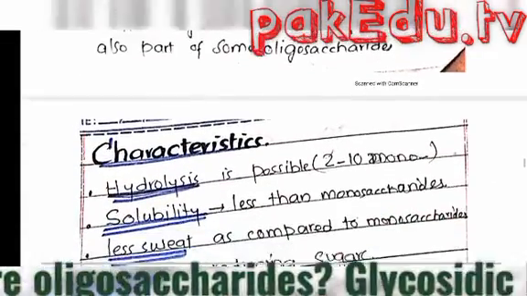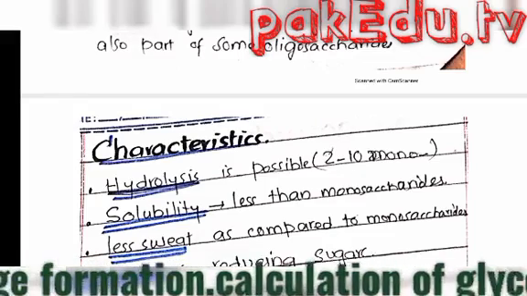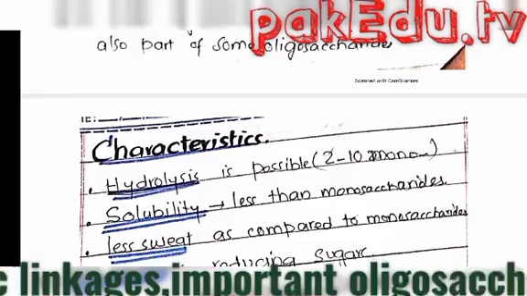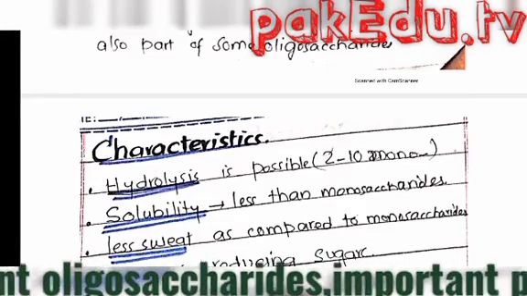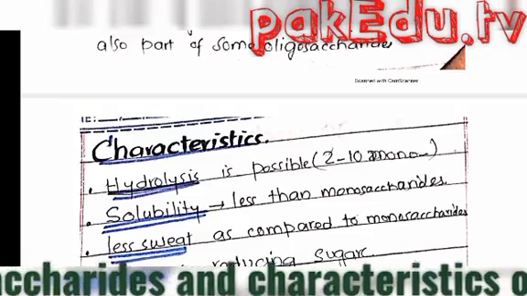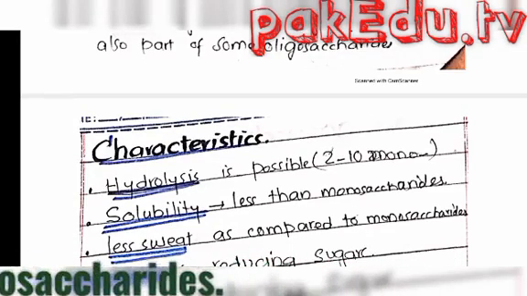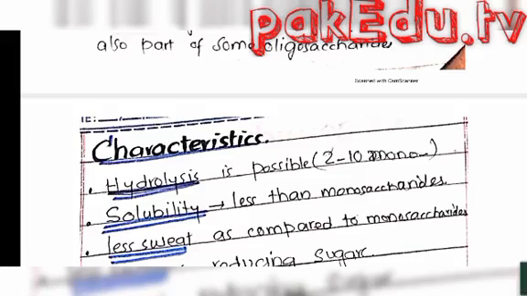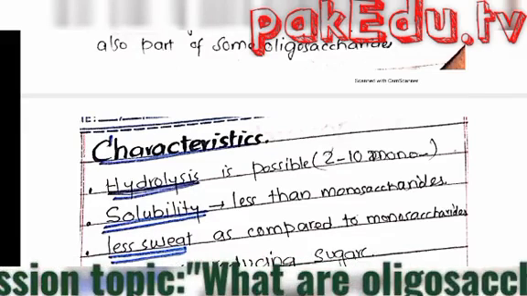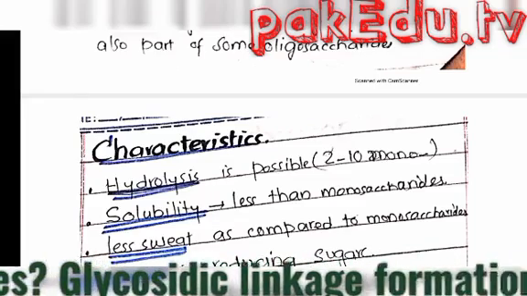Now let's discuss some important characteristics of oligosaccharides. One is hydrolysis. As you know, hydrolysis is the breakdown of a molecule in the presence of water. As oligosaccharides are formed by a combination of monosaccharide subunits, when hydrolysis of these oligosaccharides takes place, the monosaccharide subunits are formed.